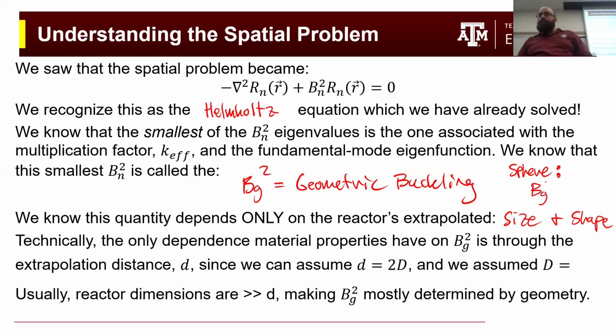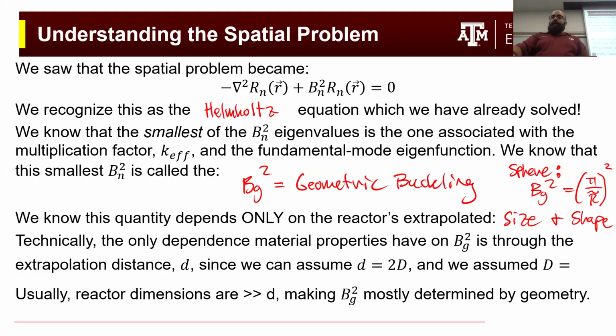For a sphere, that BG squared looked like pi over R tilde squared. So this geometrical buckling only depended on the extrapolated dimension of the reactor. It depends on the size, and then it depends on the shape, because depending on the geometry, there's a different formula for BG squared.